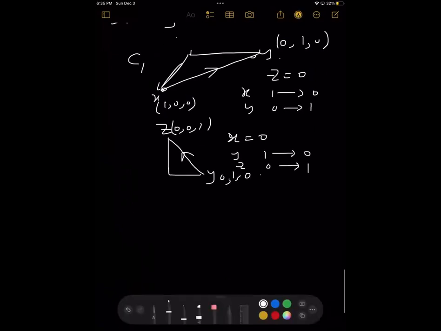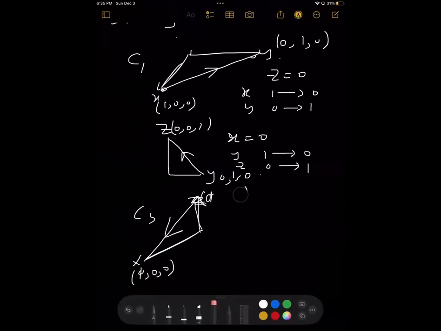In the third, we have x and z. This is our z, and this is our x. So this is our C3, direction is this one. Here we have 1, 0, 0, and here we have 0, 0, 1. Let me correct it, I don't think you can see correctly.